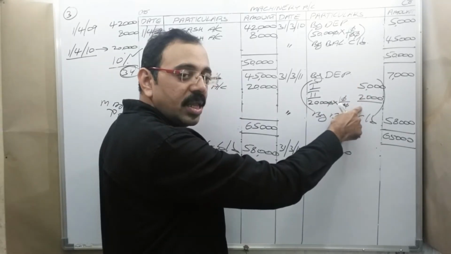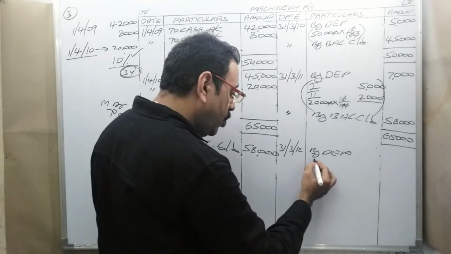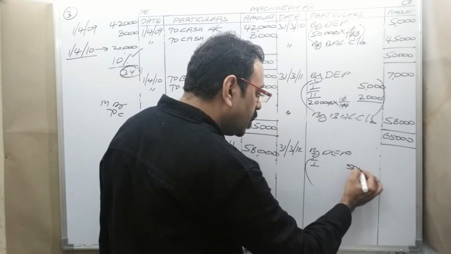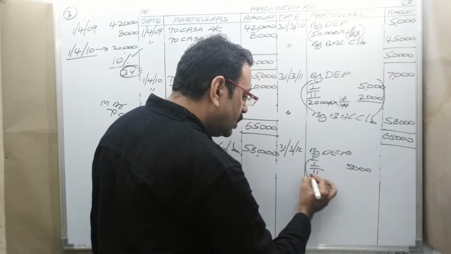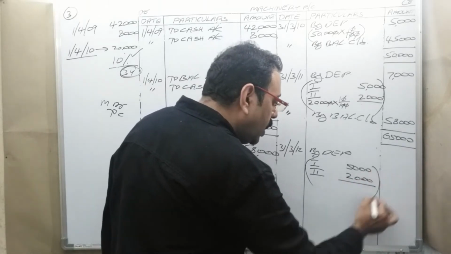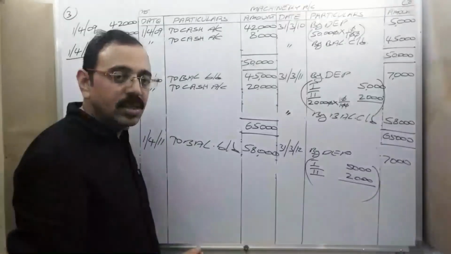Already we have calculated them, so again you need not calculate here. If you want to show in the inner column, on the first asset depreciation amount is 5,000, second asset 2,000 rupees. Then total depreciation in the outer column is 7,000 rupees.